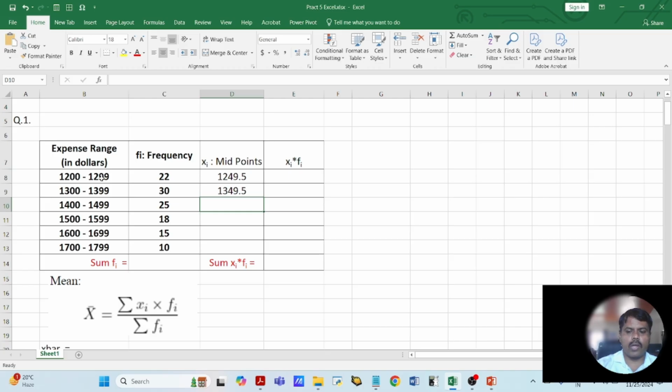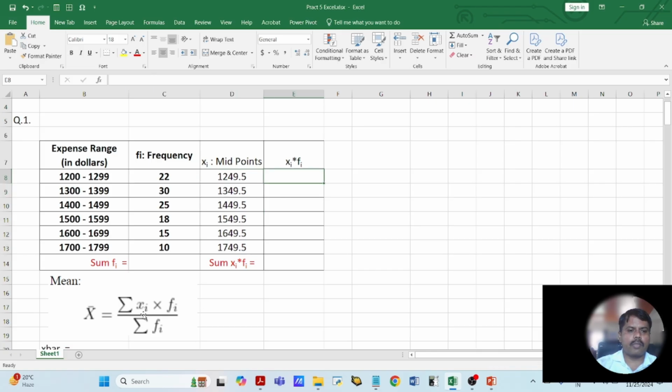So we know the pattern, so we can write next mid value 1449.5, then 1549.5. So in this way, we found all midpoints for each class interval.